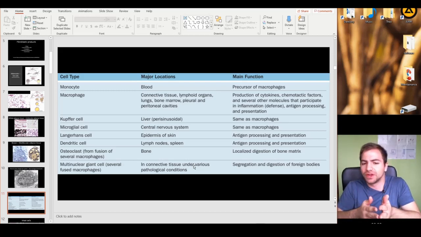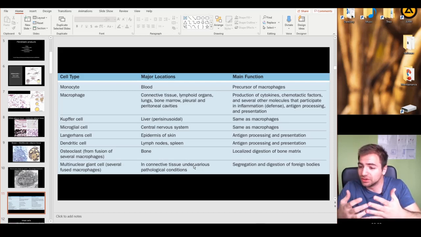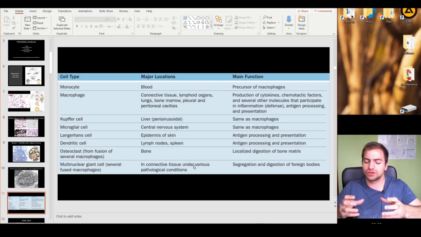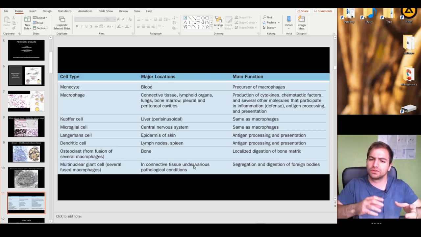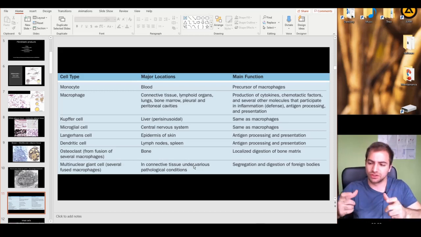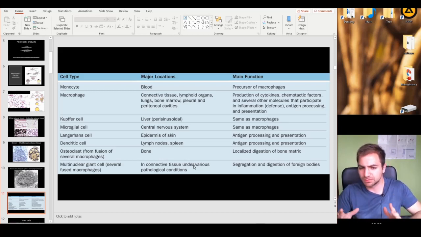Whenever monocytes are placed in the liver, they're going to be called Kupffer cells, and this is because they perform unique functions. Generally speaking, whenever we have a different term for the same cell, then typically this cell in this location performs some unique small extra function to that of the original cell.